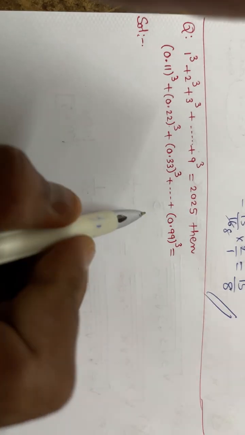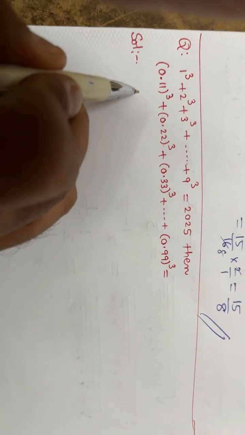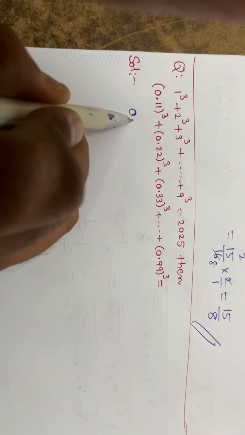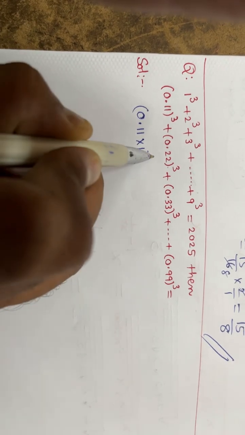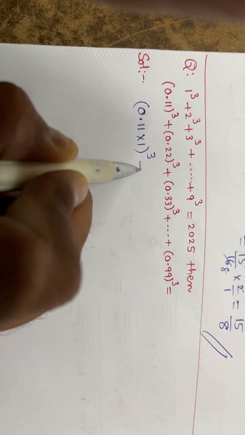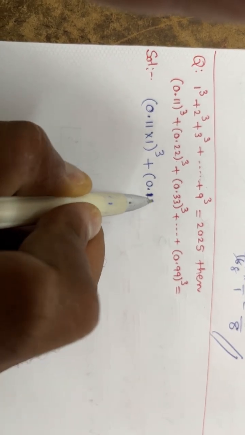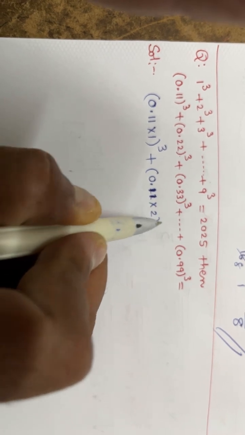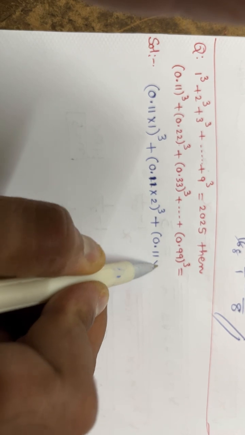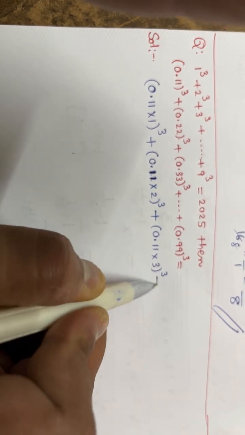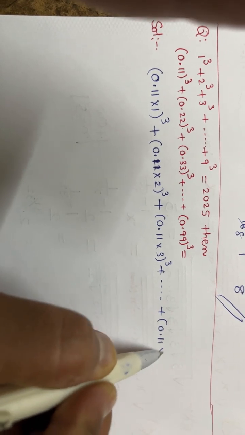What I am doing is, 0.11 into 1 whole cube, can we write like this, plus 0.11 into 2 whole cube plus 0.11 into 3 whole cube plus and so on 0.11 into 9 whole cube.